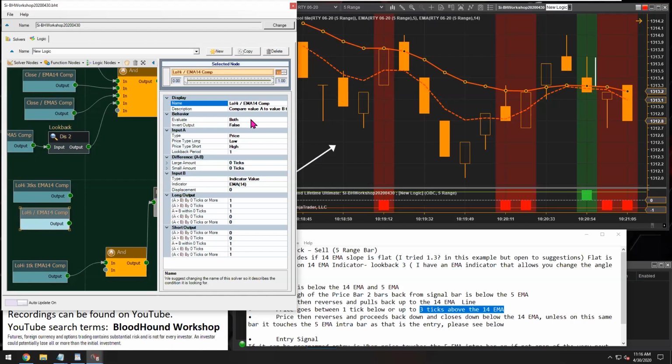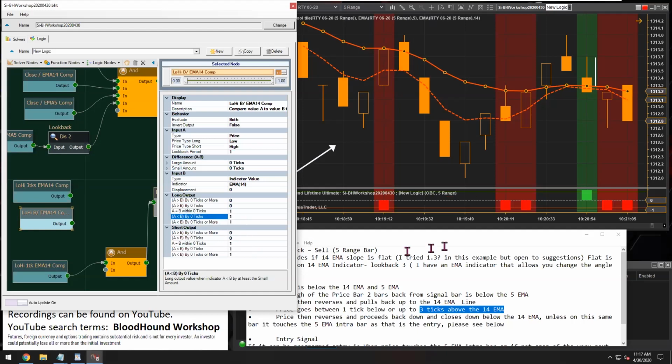So we're looking to see if the low is below, right? For a long output, actually I set this up backwards. So we want A less than B. What is A? If the low price is less than the EMA, in other words, the low is below the EMA, that would be for a long signal.